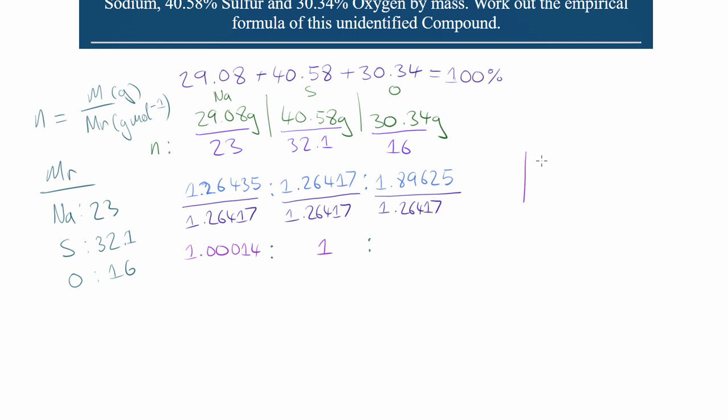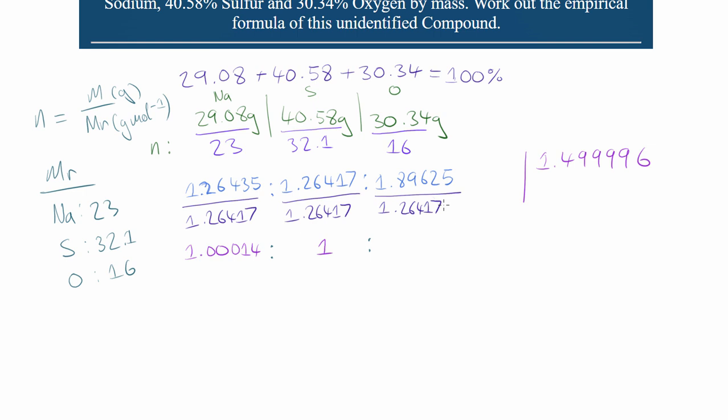So to 6 decimal places we have 1.4999996, and for the purposes of this, we're going to round it to 5 decimal places.